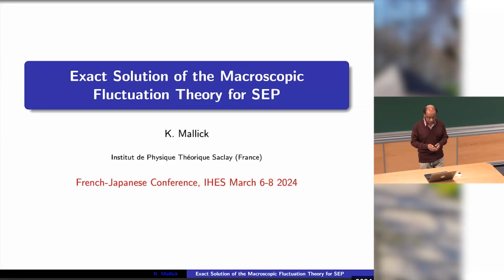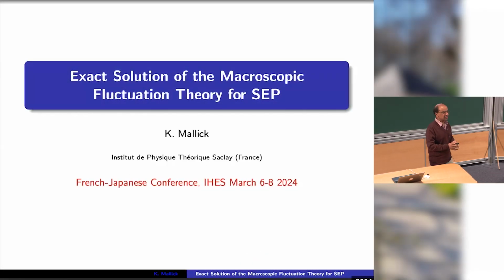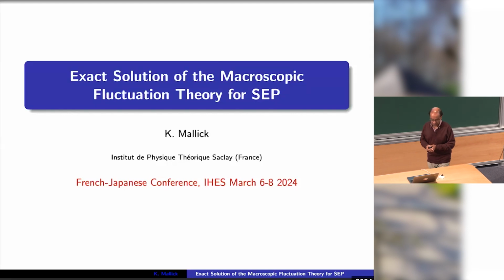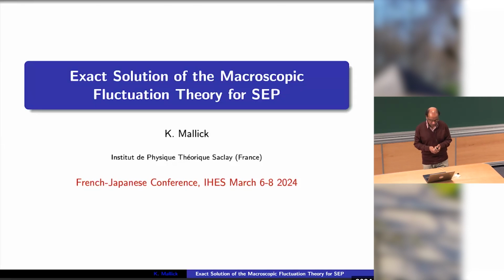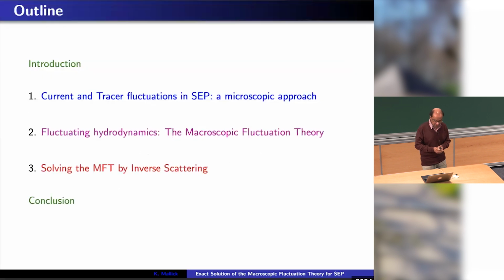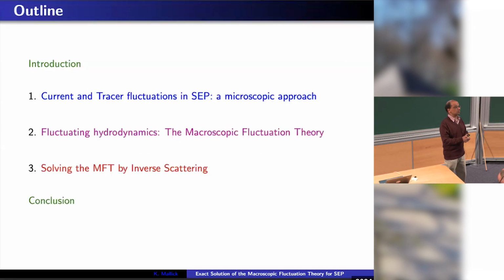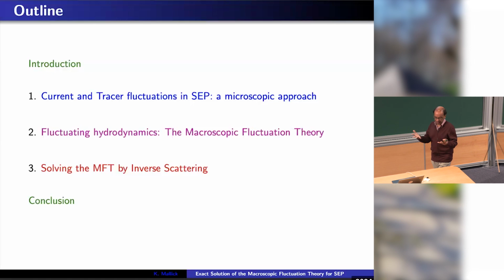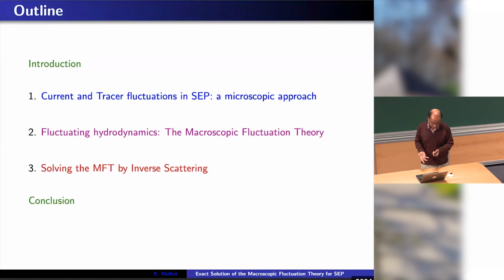So I'm going to tell you about some works we did during the last 5-6 years with Imamura-san, Sasamoto-san, and students and collaborators. We are interested in the symmetric exclusion process. We are working on interacting particle systems, and I'm a physicist.